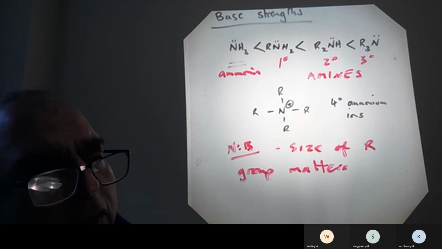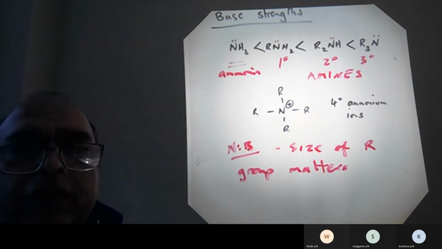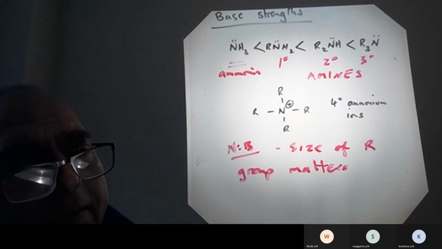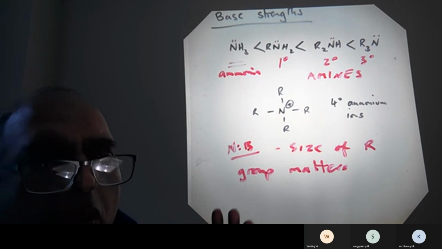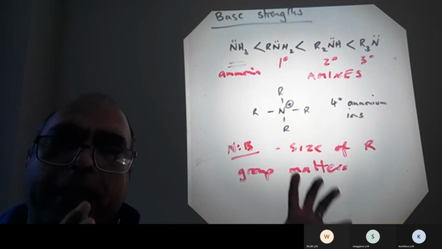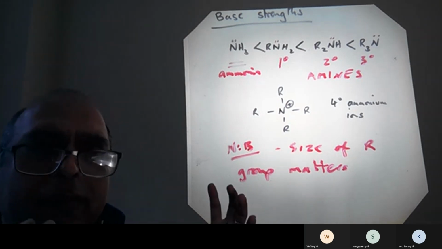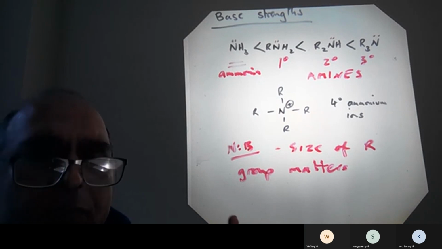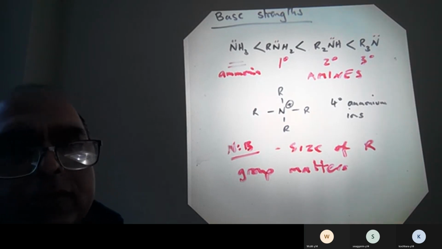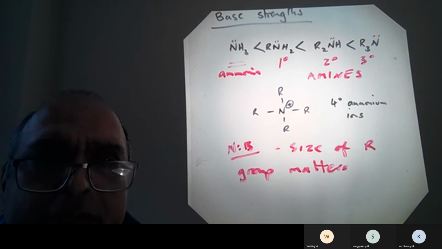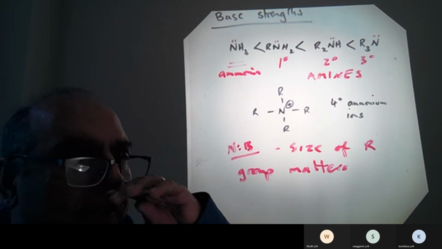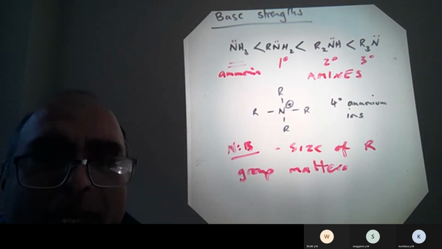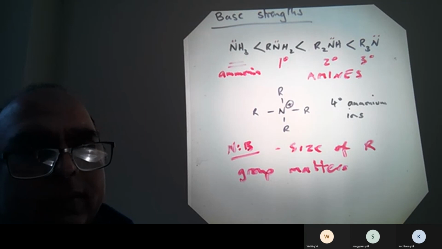Therefore if you've got two secondary amines, and one of them has R groups a bit bigger than the other, the one with the bigger R groups will be the better base, because the positive inductive effect will be slightly better if the group is bigger.